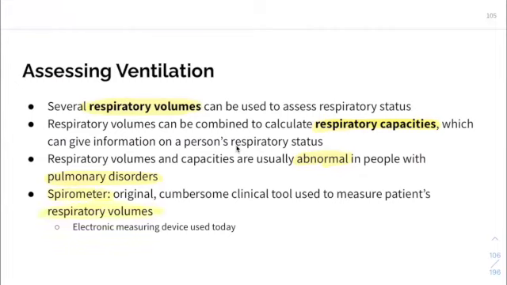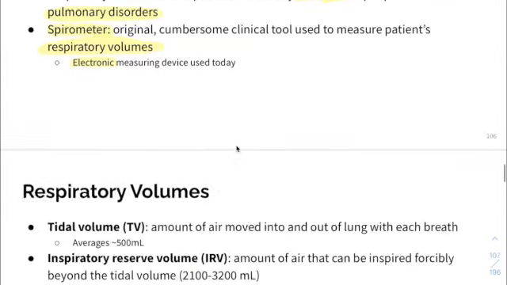I have one sitting in my bedroom. I don't have an electronic one. That's what they usually use in hospitals and some doctors' offices, but they have others that are more manual that people can use at home as well.